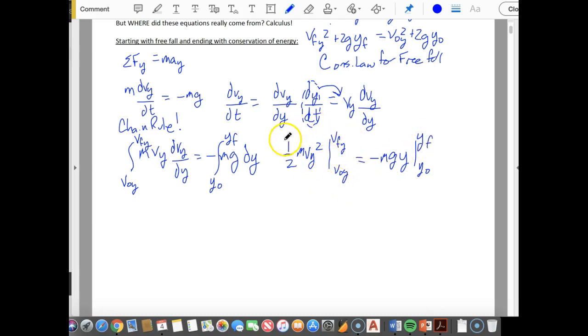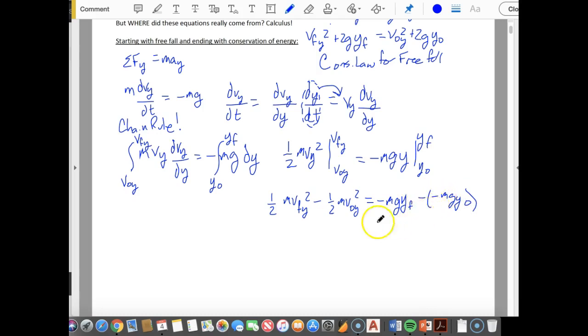So let's go ahead and finish up our integration. We'll say 1/2 of mv, and then here we're going to do the final. So 1/2 mv final y squared minus 1/2 mv original y squared is equal to negative mg, and then we're going to do y final, and then we're going to subtract from that negative mgy original.